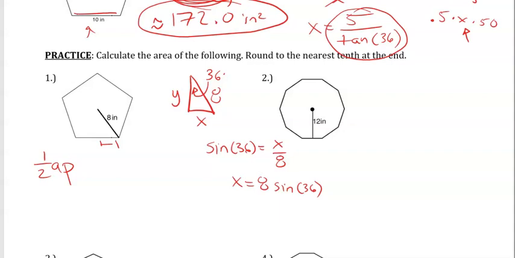What trig ratio uses adjacent and hypotenuse? Cosine. So I can write cosine of 36 equals adjacent over hypotenuse. When I multiply both sides by 8, I get y equals 8 cosine of 36.